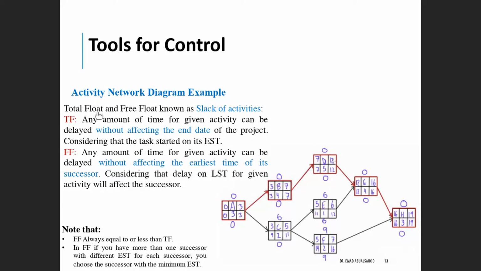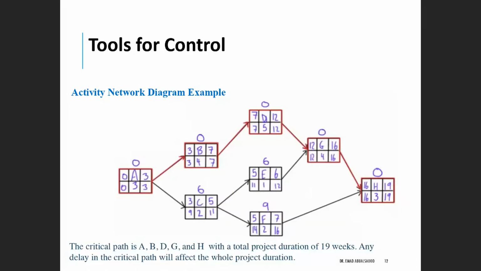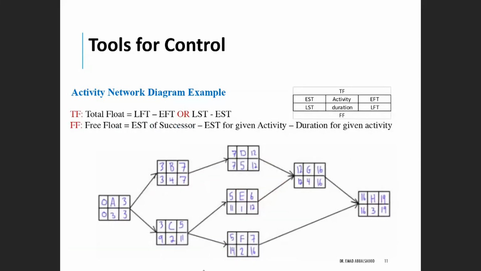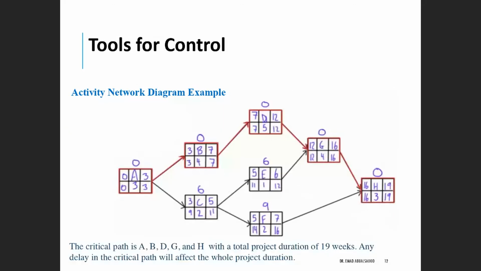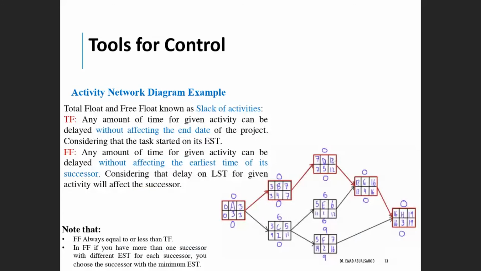The total float, which we just calculated, we always refer to as the value on the top of the box or the top of the table, and the free float we refer to as the value below the table. We refer to those values as the slack of the activities.